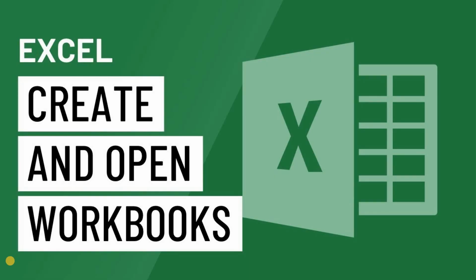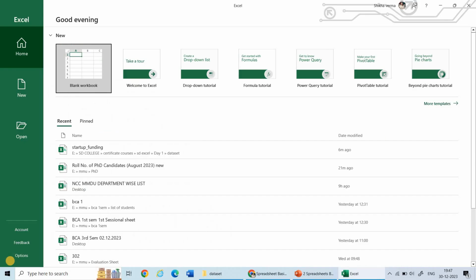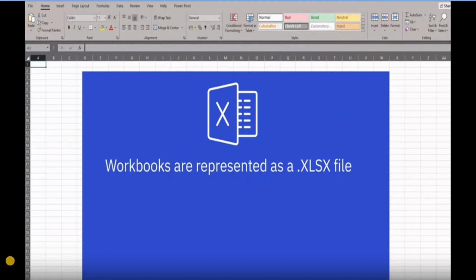when you open Excel, you have the option of creating a new blank workbook or opening an existing workbook. So firstly, we are going to choose new and then blank workbook. Workbooks are the highest level component in Excel and are represented as a .xlsx file.